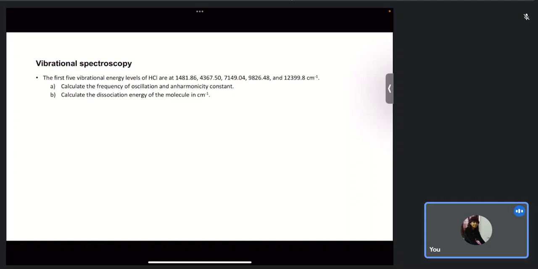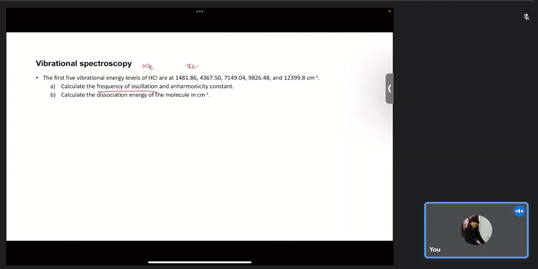So the next question is about rotational energy levels in HCl, and we have to find what is the frequency of oscillation, which is omega E or omega OSC, and what is the anharmonicity constant, which is Xc.